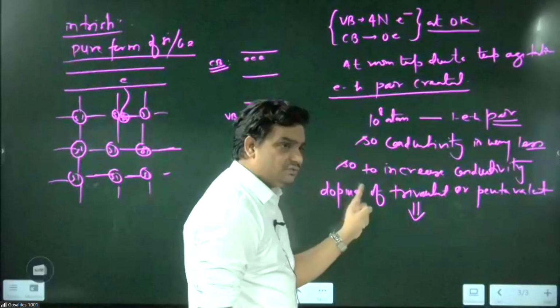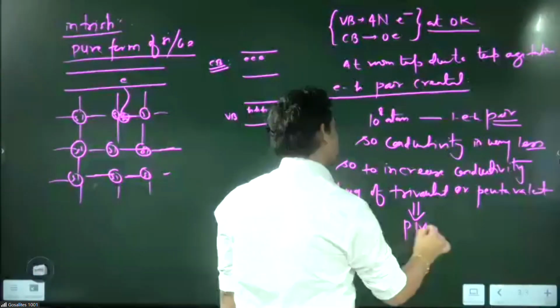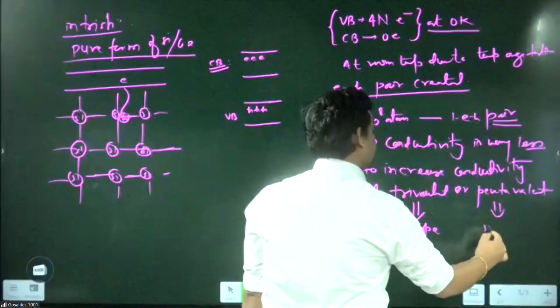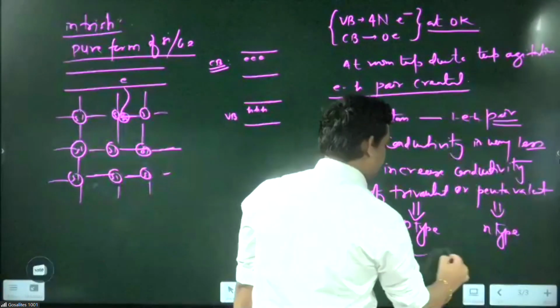Doping is the addition of impurities. With trivalent, it becomes P type. We will cover that in detail. When pentavalent is there, it is known as N type. So these are known as extrinsic.